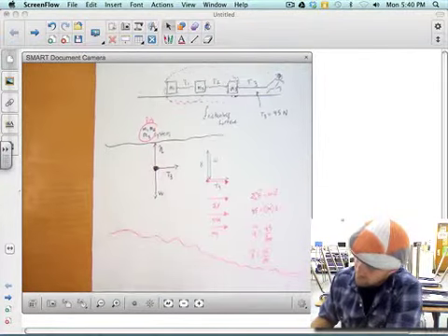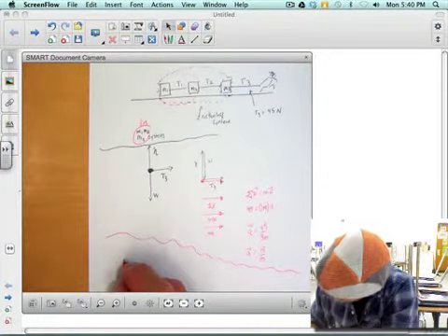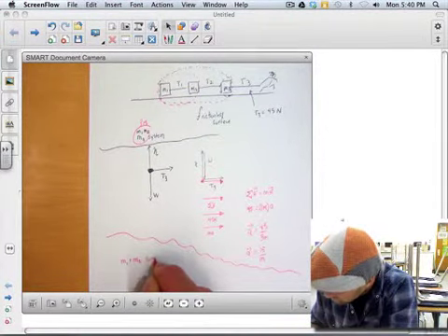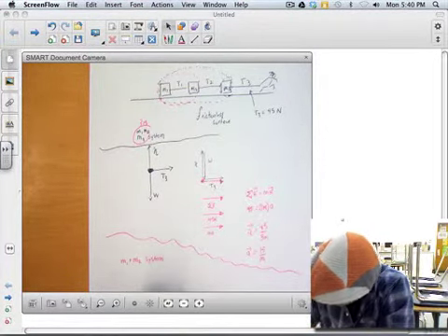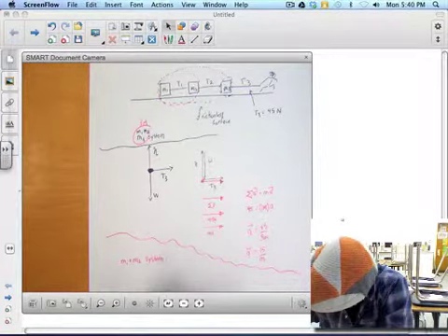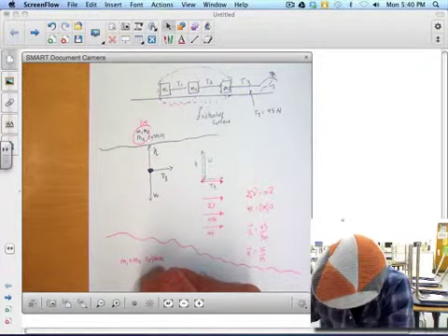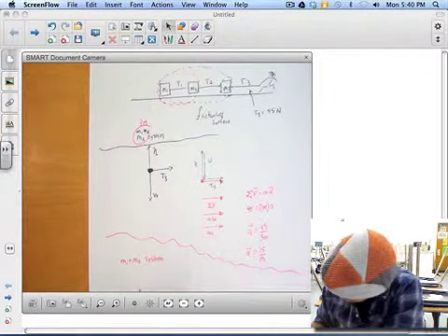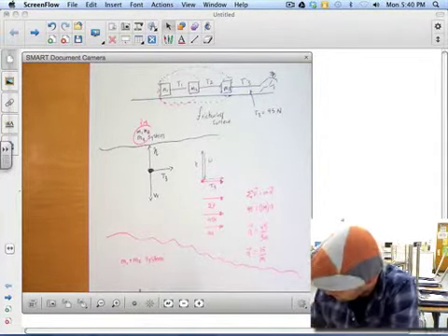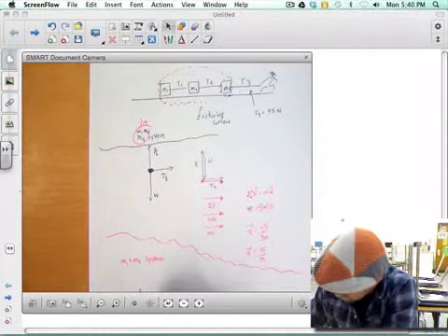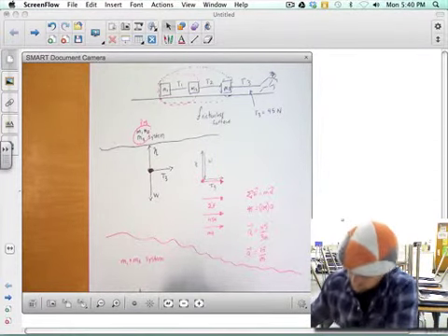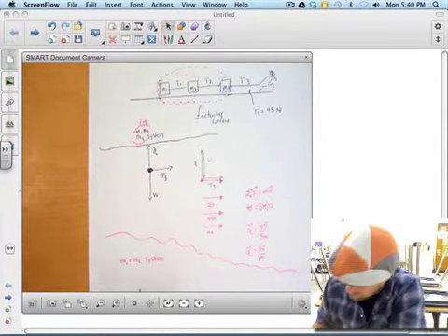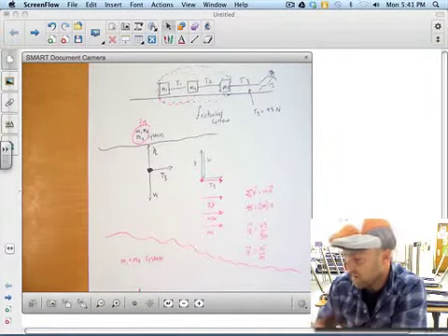So m1 plus m2 system, I'll get weight pulling down, normal force up, and now I'm talking about T2 to the right, and of course there's no friction. But I do have T1 pulling, no, I don't.